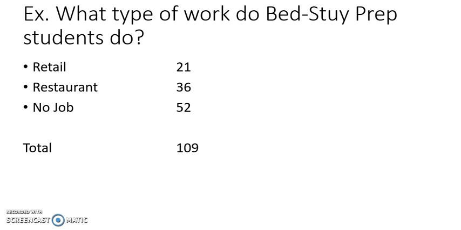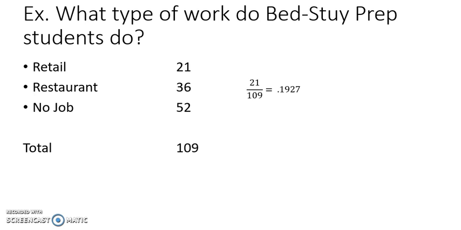With this information, I can figure out exactly what proportion of my students belong to each category. So, for example, I might want to know the proportion of students who actually work in retail. To do this, I would simply divide the number in this category, 21, by the total number of individuals.